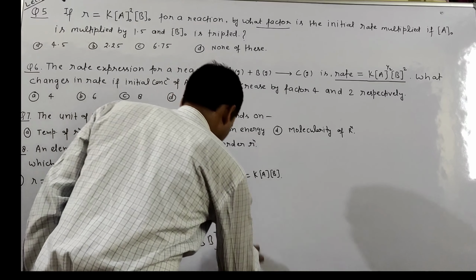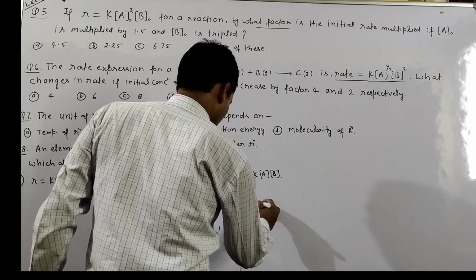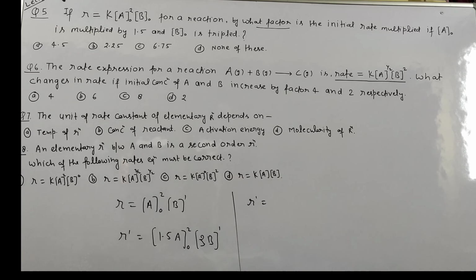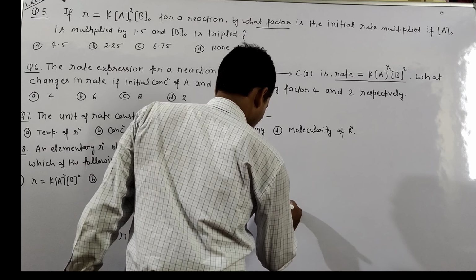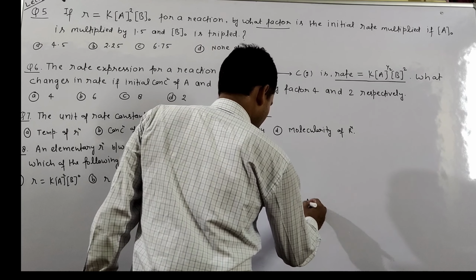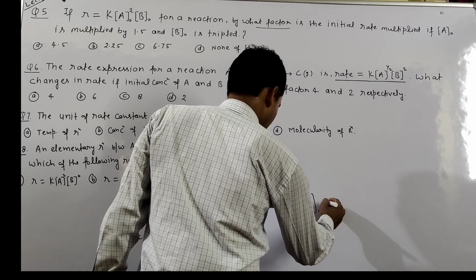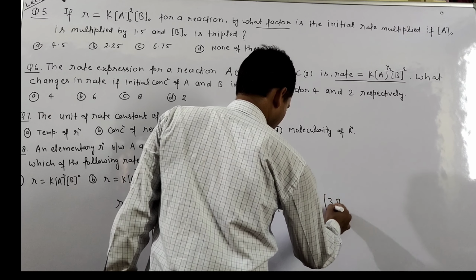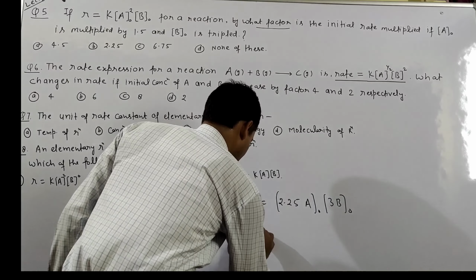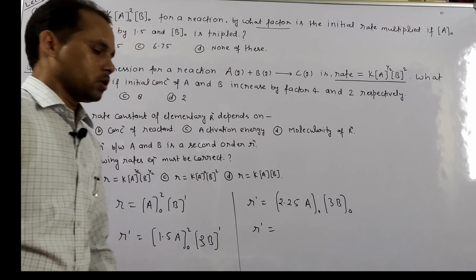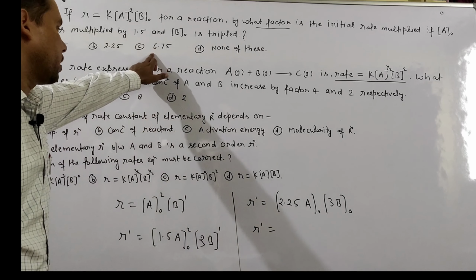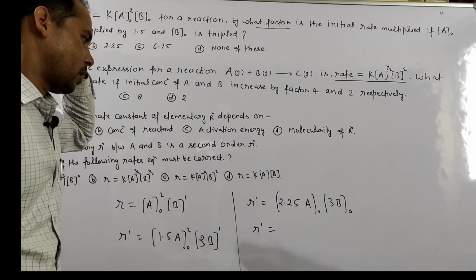So r dash equal to the square of 1.5, that is 2.25, and the power of B is simply 3, 3 into B naught. We can write the new rate r dash equal to 2.25 into 3, and if we multiply this, it becomes 6.75. You can simply multiply it, no problem.